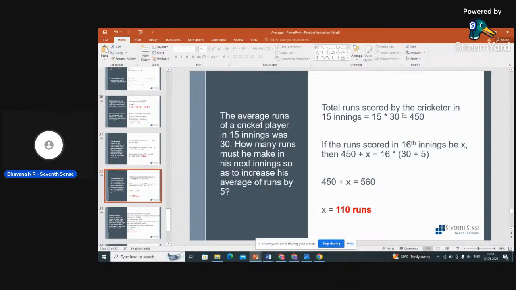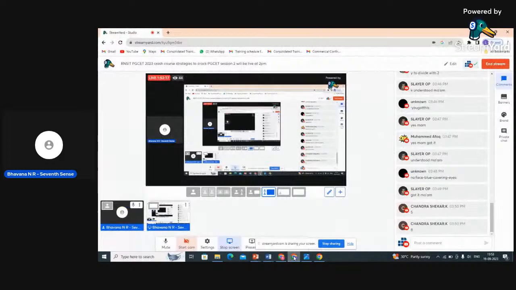Here we are getting the average as 30 and that is plus 5. So 450 plus x, and multiply with 35. So 16 into 35 is 560, so x is equal to 560 minus 450, that is 110.